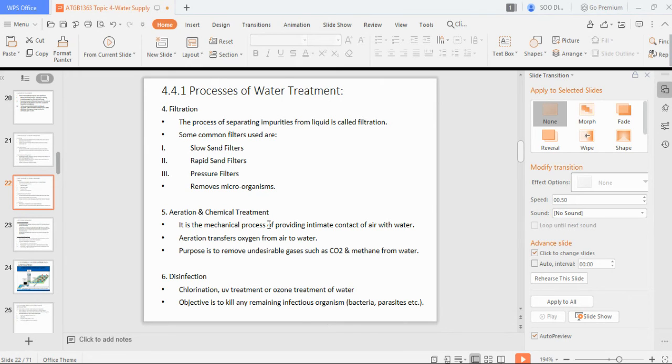So you want to ensure that oxygen is being transferred from the air to the water. This is to remove the CO2 and methane from the gas. And finally, we have our disinfection. So this is to kill off any remaining infectious organisms in the water.